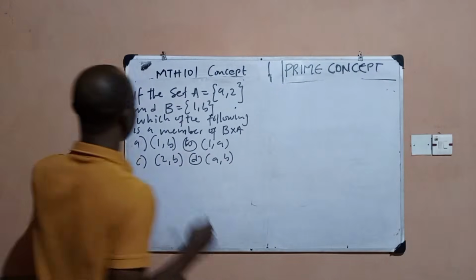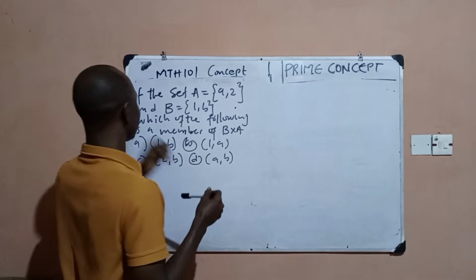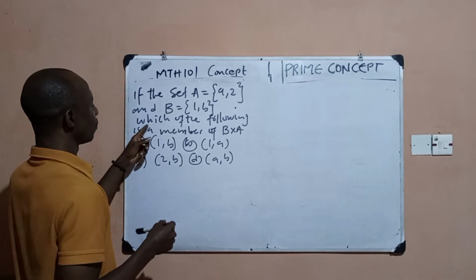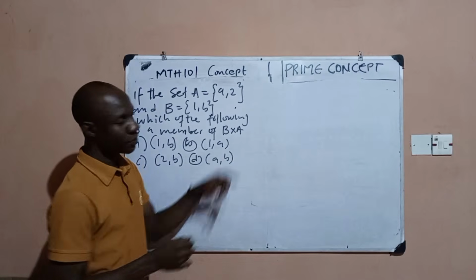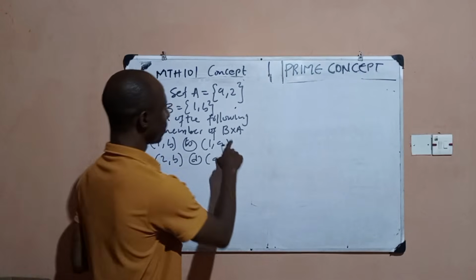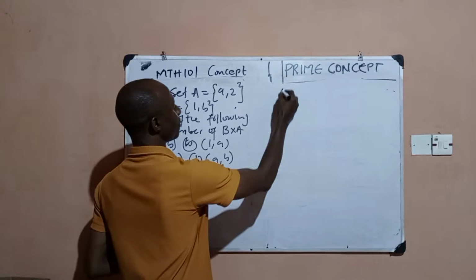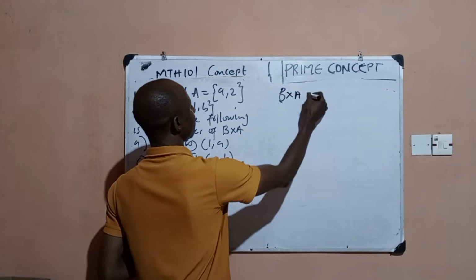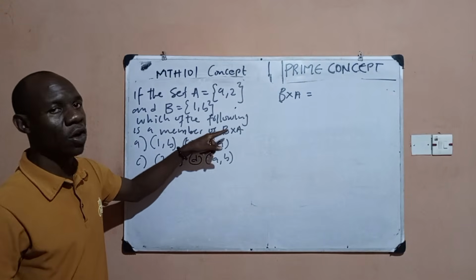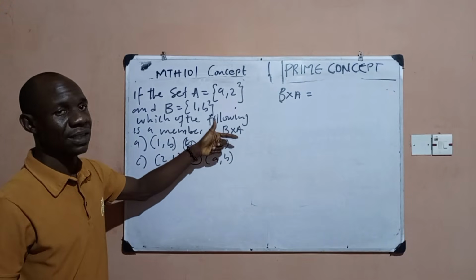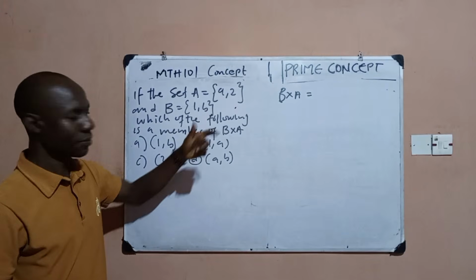So to solve this, they say if the set A is this and B is this, which of the following is a member of this? This is what we call Cartesian product. So in Cartesian product, since you're finding B cross A, you use every element of B to pair up with elements of A. So Cartesian product is an ordered pair.